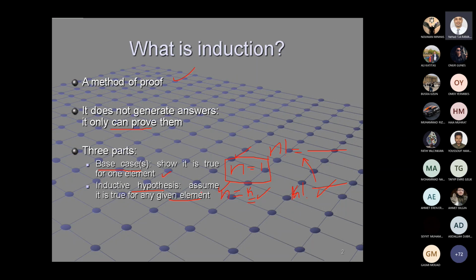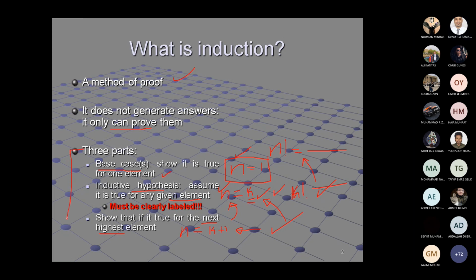And then starting from this assumption, we will show that the next element, which means when n equal k plus 1, is true. When we show that for the next element it's true, then all the statements or all the equation will be true.